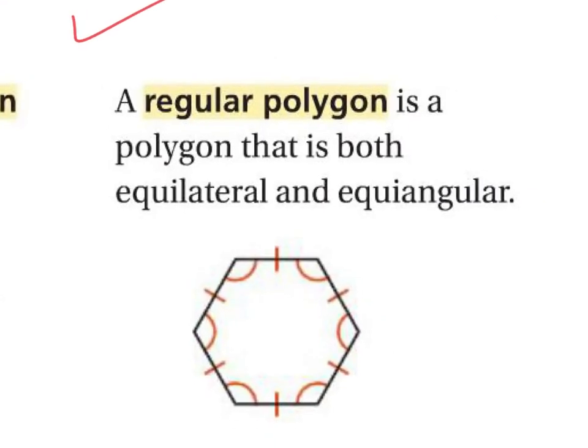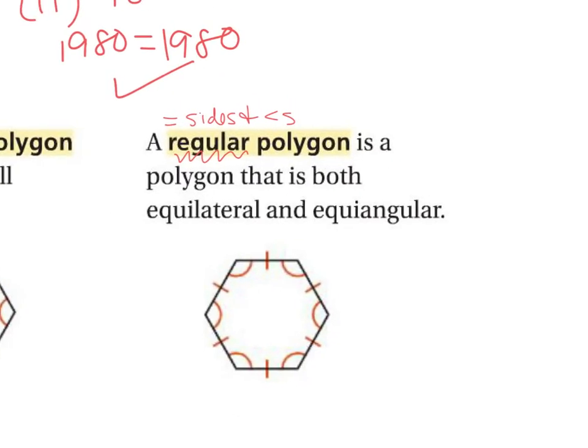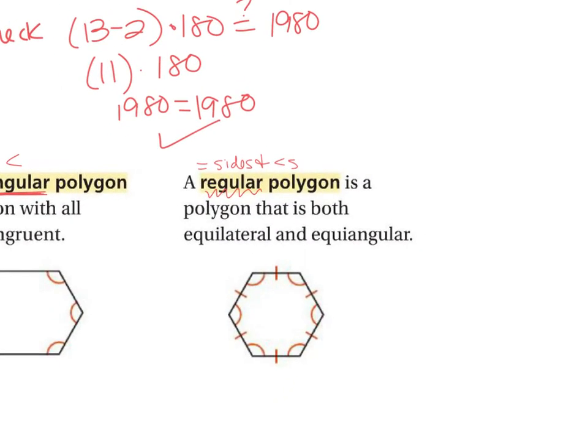Whenever you see regular, and you're going to see this a lot, that means equal sides and angles. So the sides are all the same length, and the angles are all equivalent too. Something you definitely want to memorize is what the word regular means: angles are the same, sides are the same, because it will come up again.